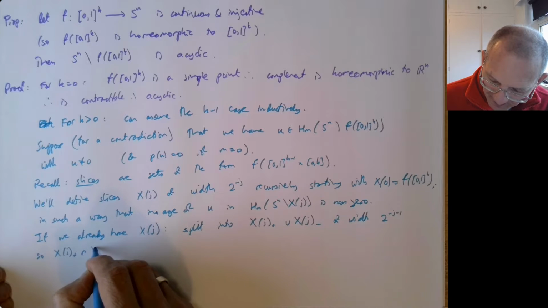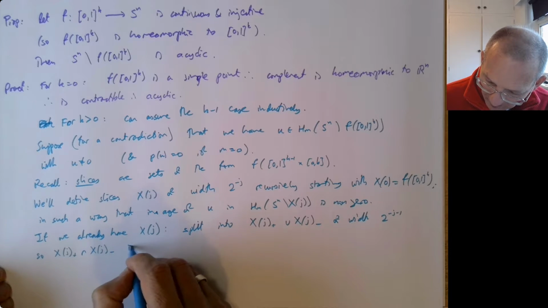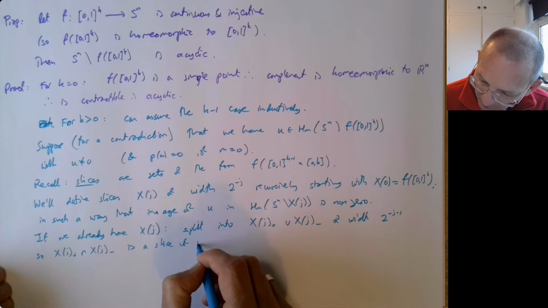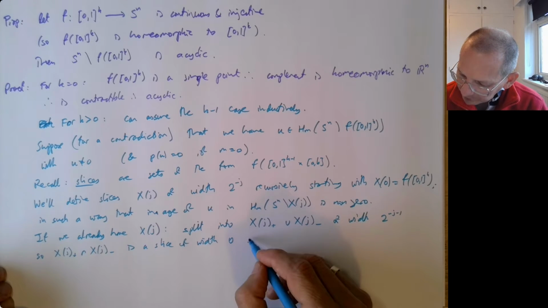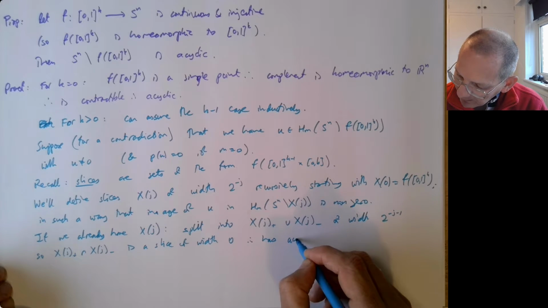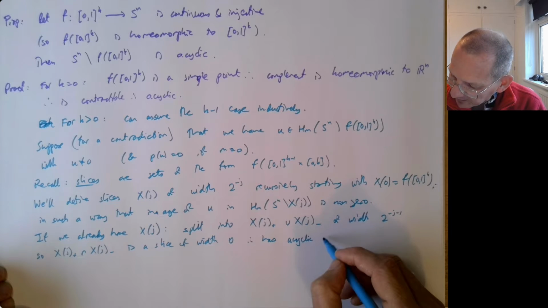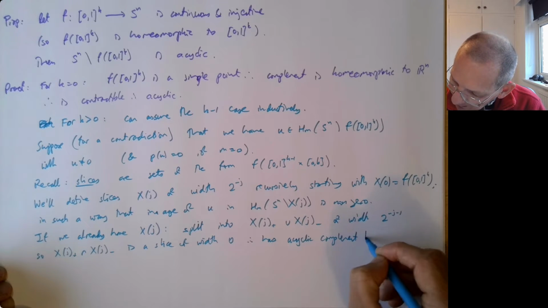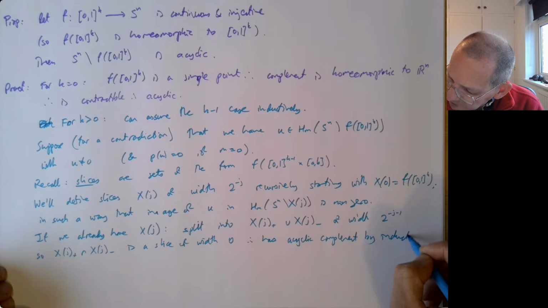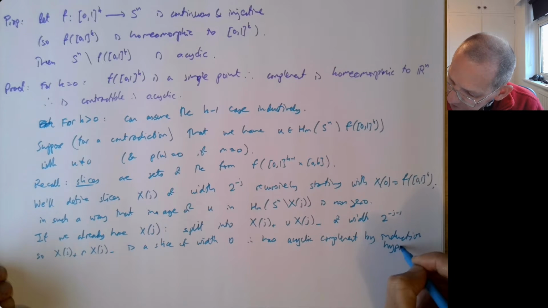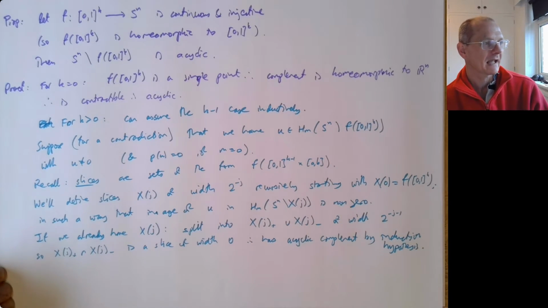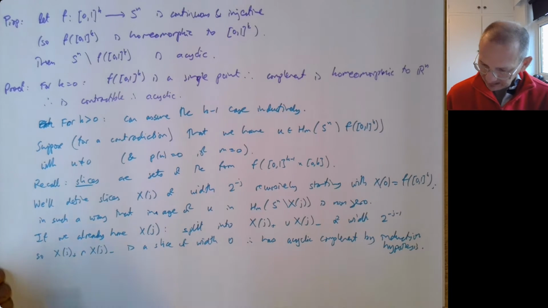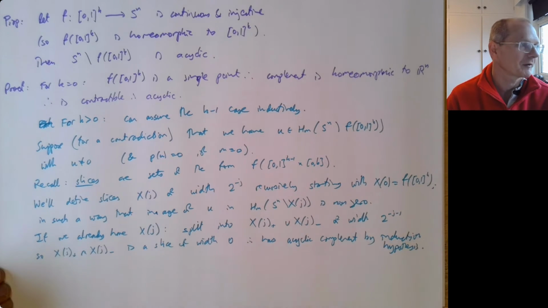So X_j^+ intersect X_j^- is a slice of width 0, and therefore has an acyclic complement by induction hypothesis. We're assuming inductively that the complement of any k minus 1 cube is acyclic, and this intersection is a slice of width 0, which means it's a k minus 1 cube, so it's got an acyclic complement.